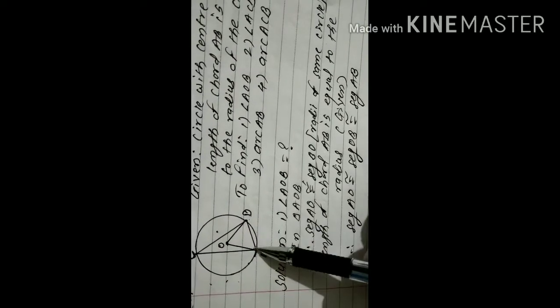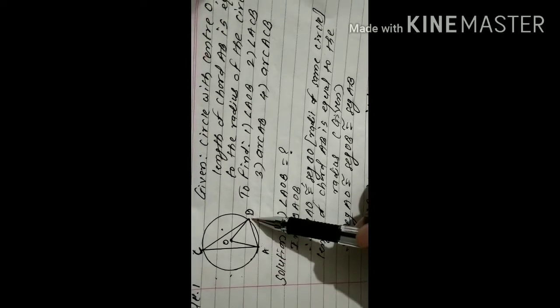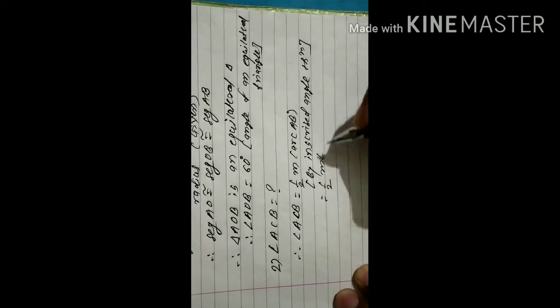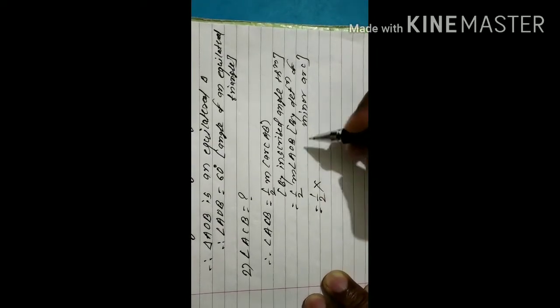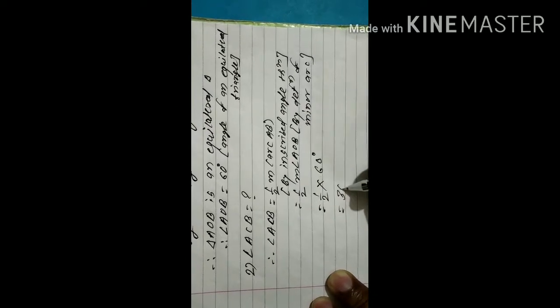This arc AB is equal to measure of angle AOB by the definition of minor arc, measure of the central angle. This is equal to 1/2 times 60 degrees, which means 30 degrees.